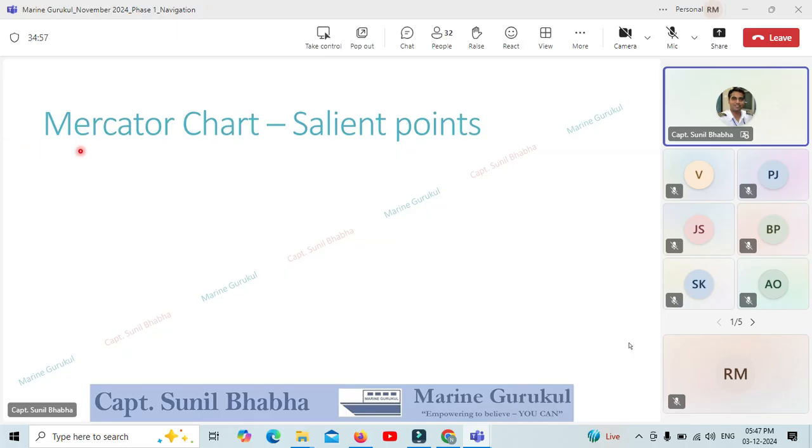Now, before we go into the actual procedure of plotting, let us refresh some features of Mercator charts so that we are clear about how to make a small portion of this chart on our answer sheet. On a Mercator chart, all the meridians are parallel, and 1 nautical mile is equal to 1 minute of latitude.